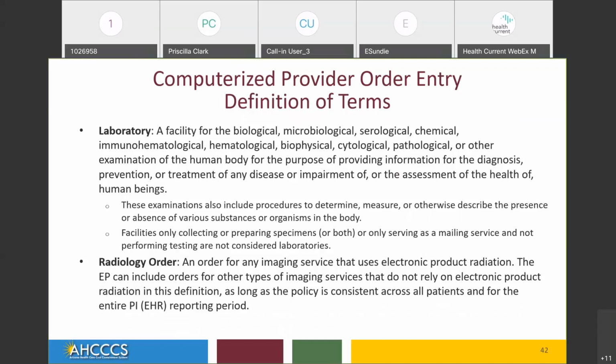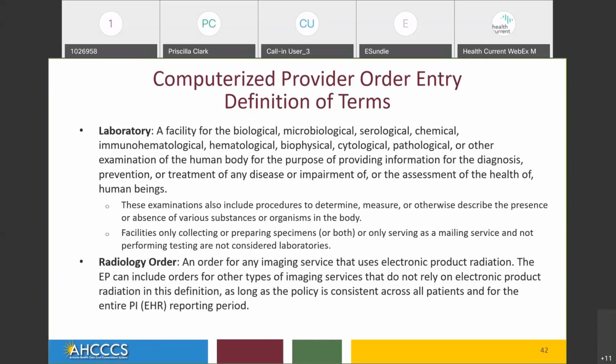Laboratory: a facility for the biological, microbiological, serological, chemical, immunohematological, hematological, biophysical, cytological, pathological, or other examination of the human body for the purpose of providing information for the diagnosis, prevention, or treatment of any disease or impairment of, or the assessment of the health of human beings.